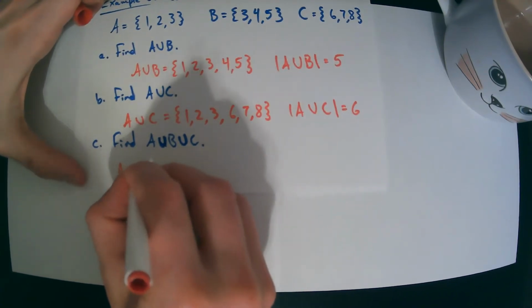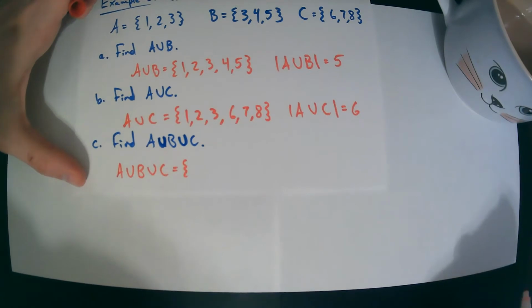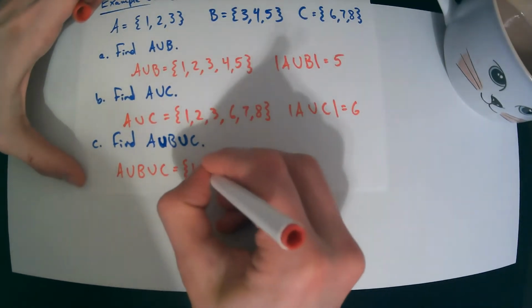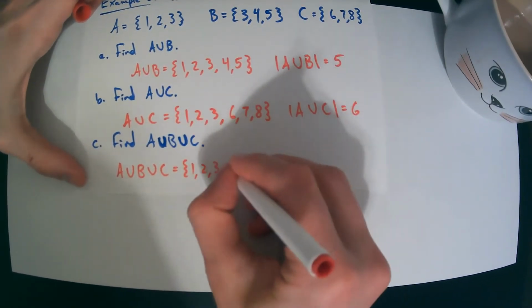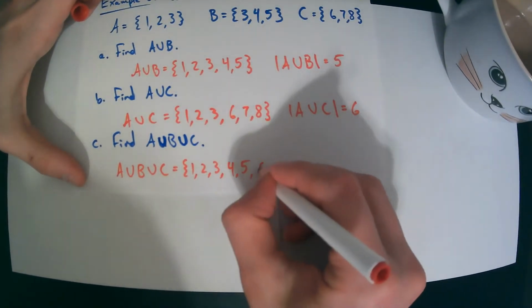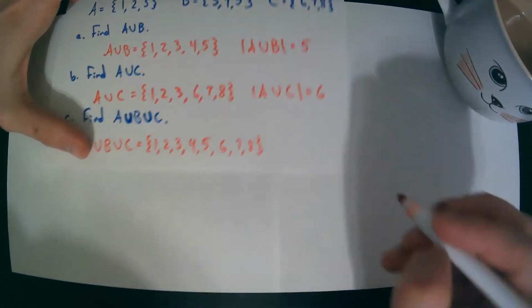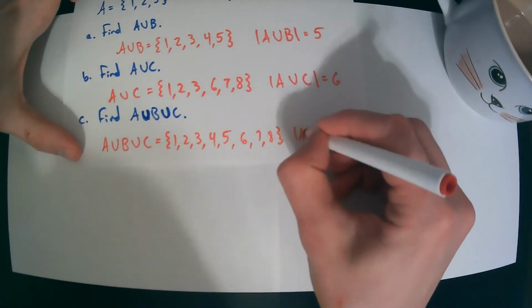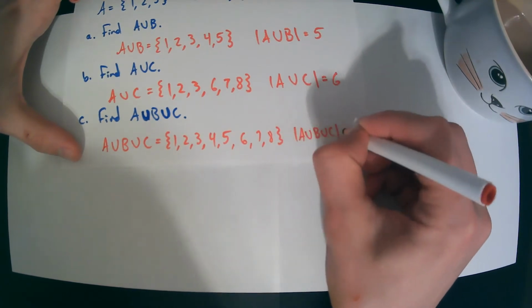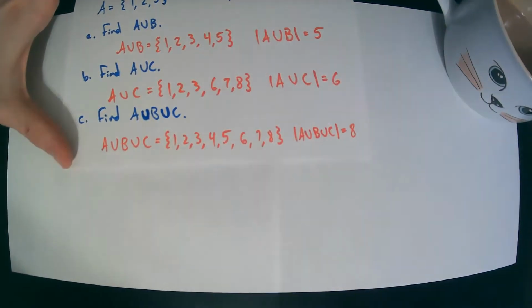But you don't want to repeat elements. So I'll say 1, 2, 3, 4, 5. That's A union B. Now all the things from C, 6, 7, 8. There we go. And just for extra practice, what is the cardinal number? There are 8 elements. So there's the cardinal number.